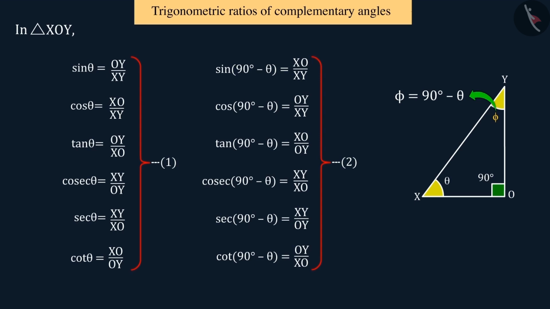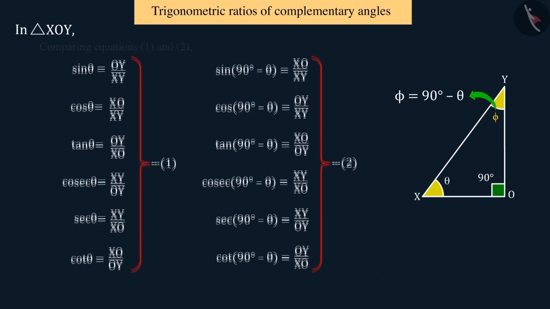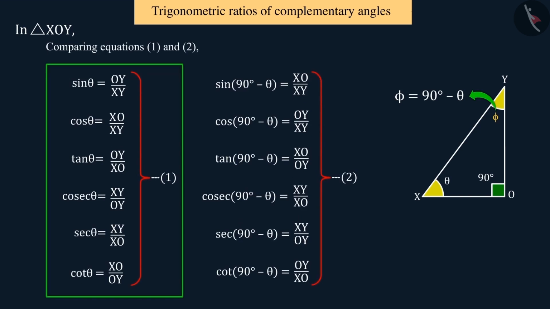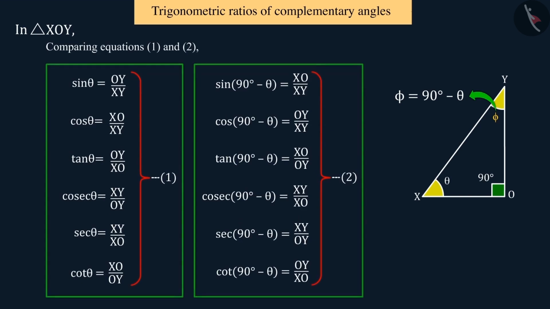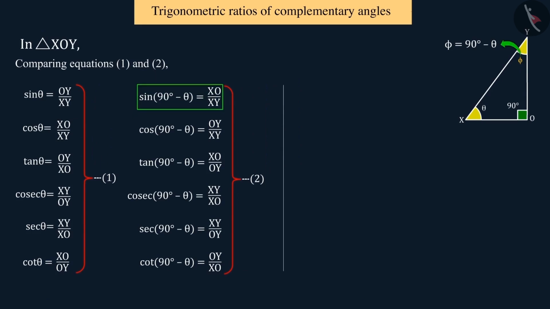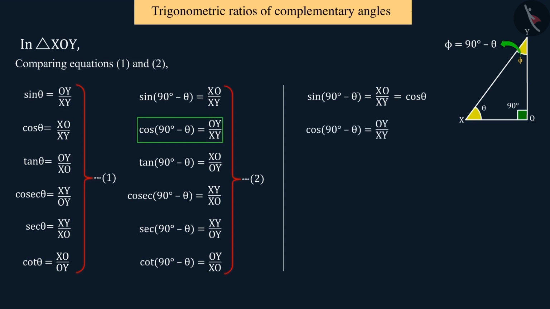Since we have to find the values of trigonometric ratios of complementary angles, let us compare equations 1 and 2. Thus, we can see that the value of sin (90 degrees minus theta) is equal to the value of cos theta. If you notice, you will see that the value of cos (90 degrees minus theta) is equal to sin theta.